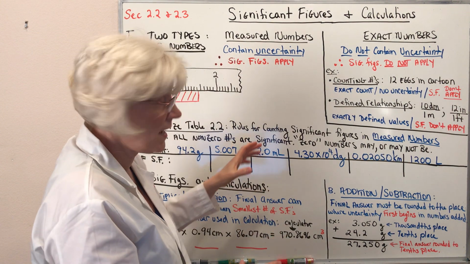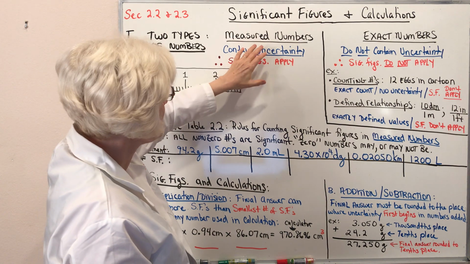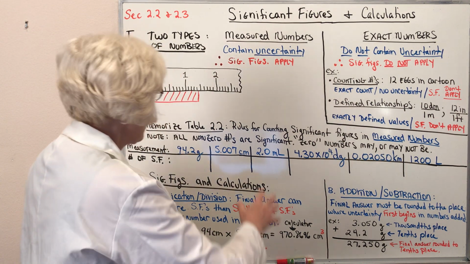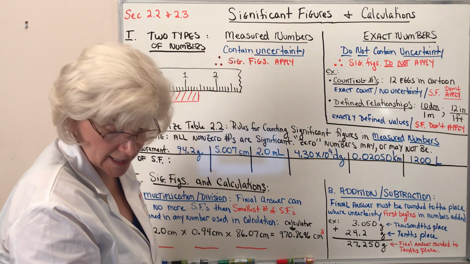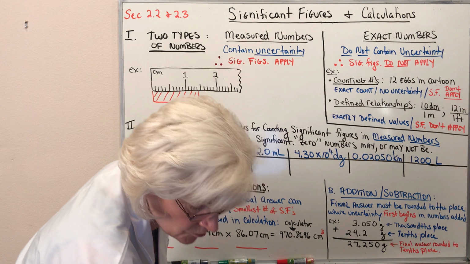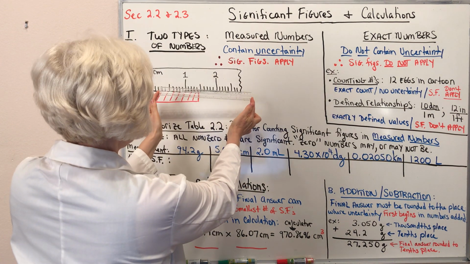But most of the time in science, we're making measurements, and those numbers inherently contain uncertainty. Let's use this little drawing here as an illustration of that. What I've tried to draw up on the board is an example of a metric rule.